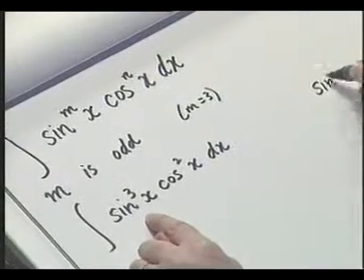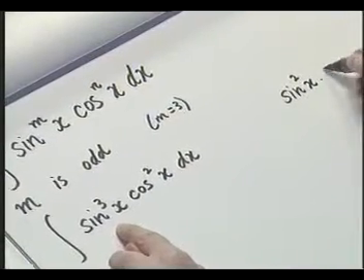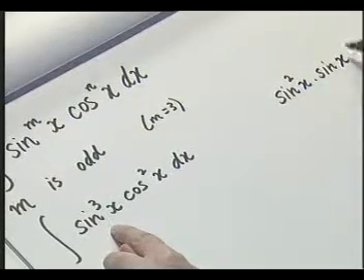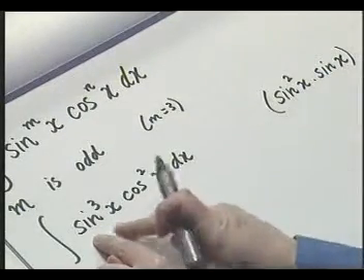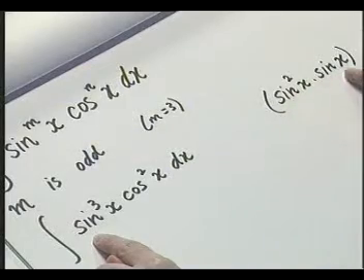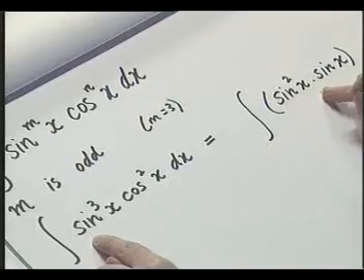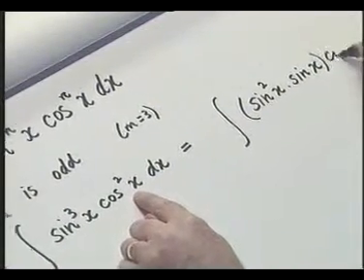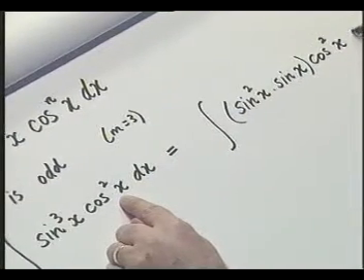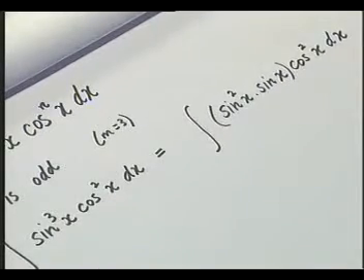What we're going to do is rewrite the sine cubed x in a slightly different form. We're going to recognise that sine cubed can be written as sine squared x multiplied by sine x. That's a little trick. So our integral can be written as sine squared x times sine x multiplied by cosine squared x dx.